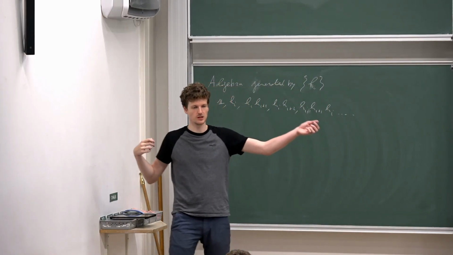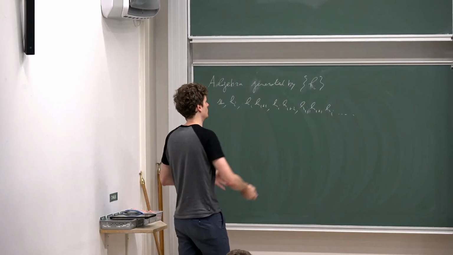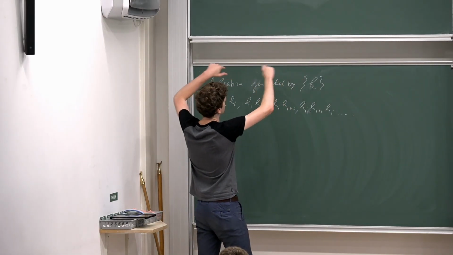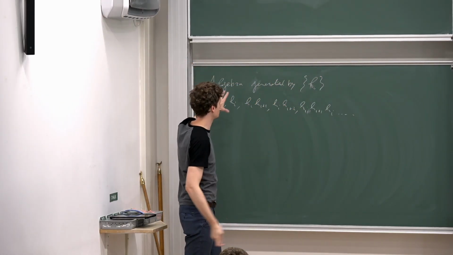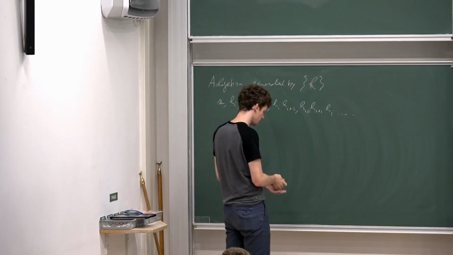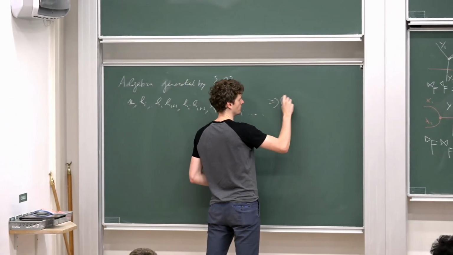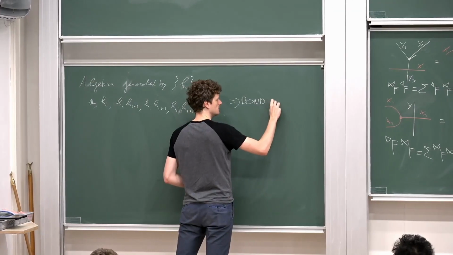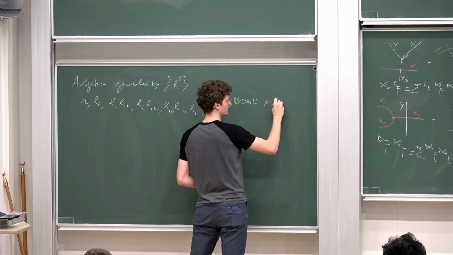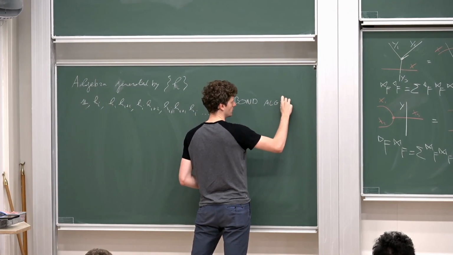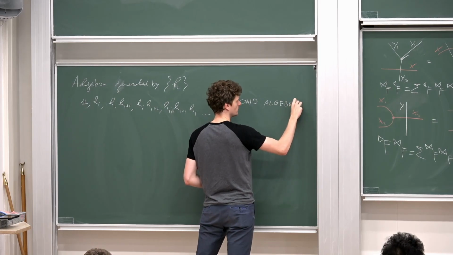If I'm looking at an infinite dimensional chain, this is some infinite dimensional algebra. This is something that we call the bond algebra. So it's the algebra generated by the interactions, the local terms in your Hamiltonian.